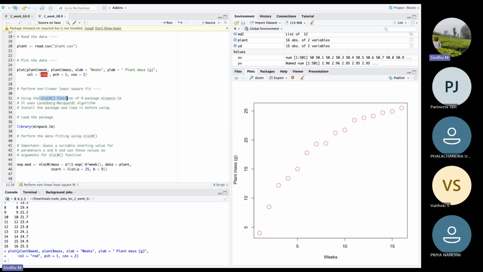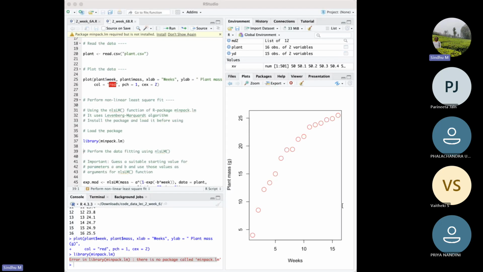This NLSLM function is a function from a package called minpack. So first I will try to load the package, but I'm not sure if I have the package or not. So let's see. I'm getting an error that this package is not there. That is happening because I have not installed the package.